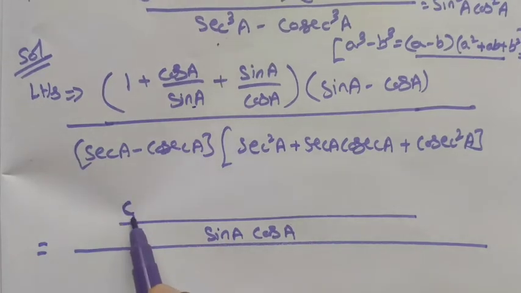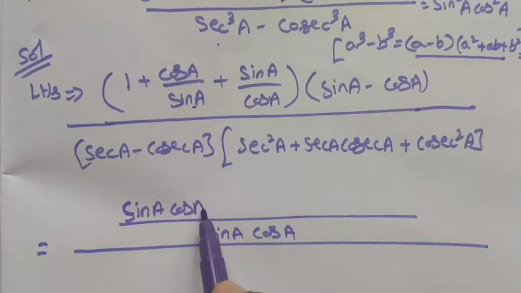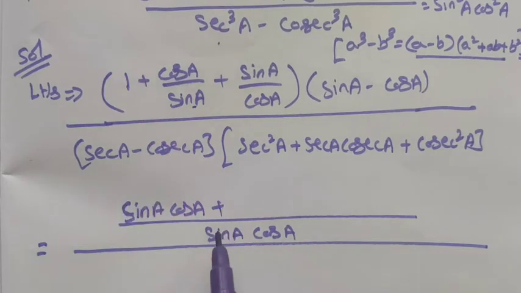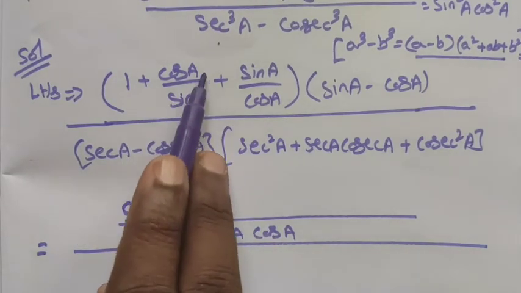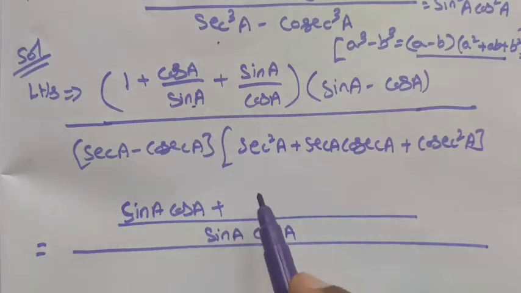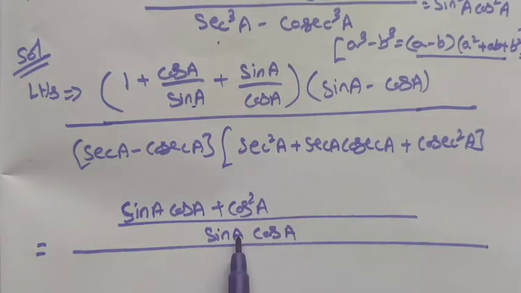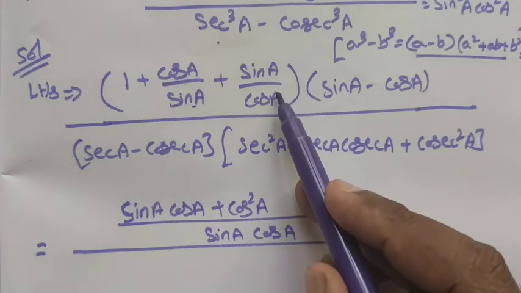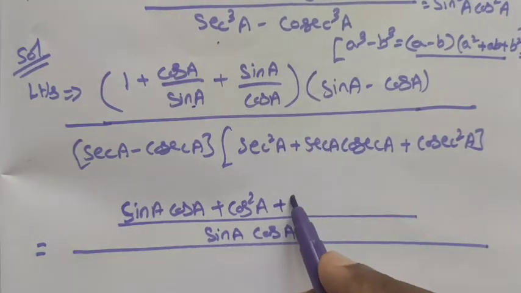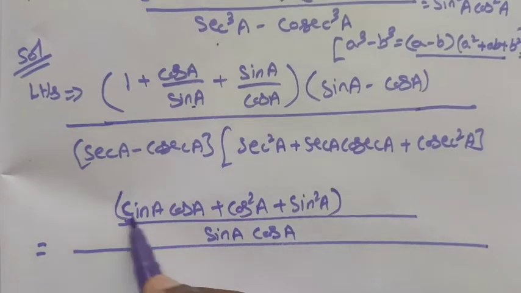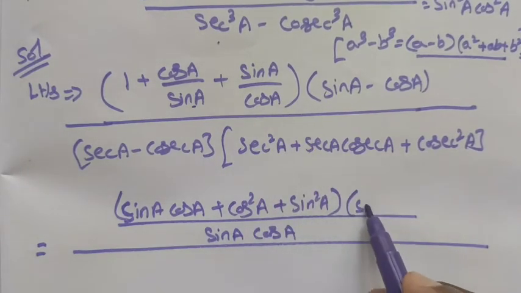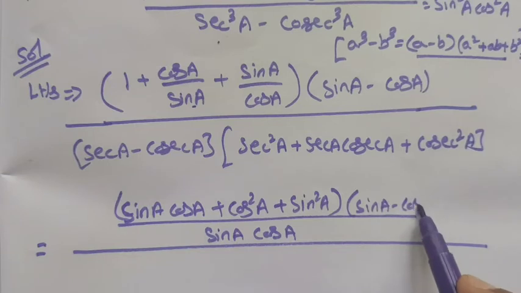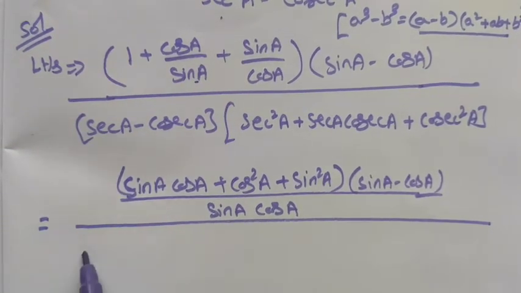So here we have sin A cos A plus, if I multiply with sin A cos A, sin A is cancelled, so we get cos²A. Here also we multiply sin A cos A, cos is cancelled, so we get sin²A, into (sin A − cos A).